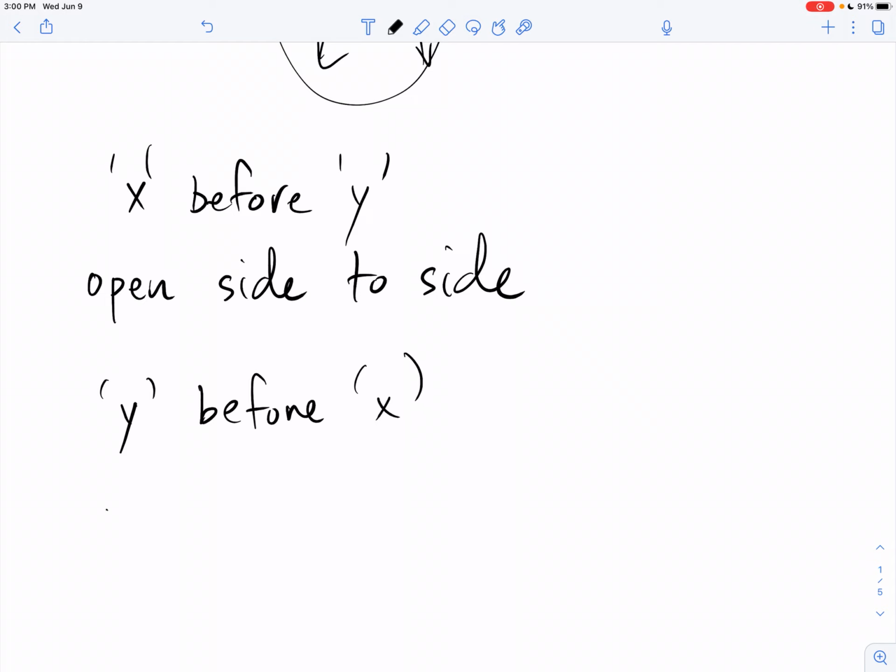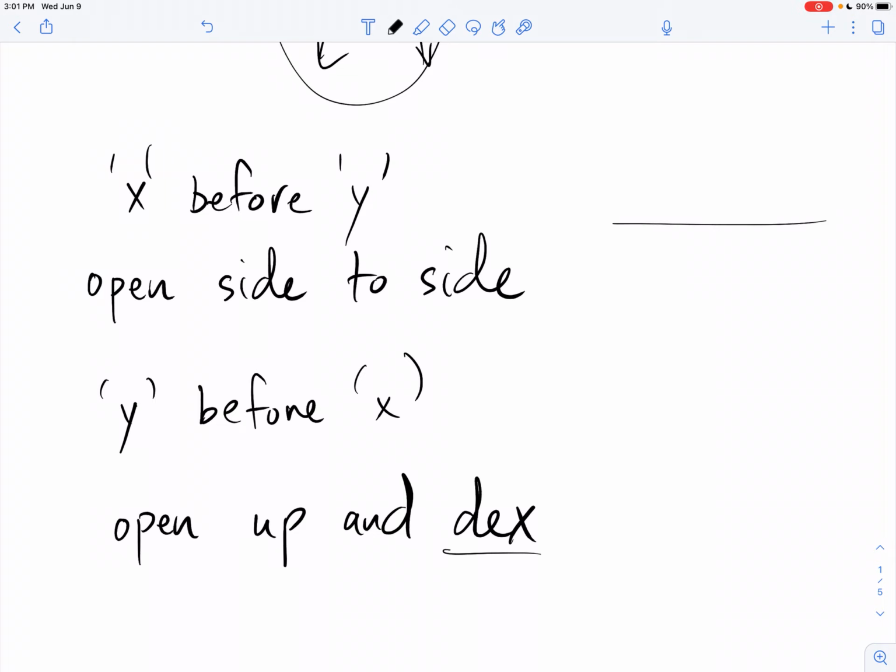Y before x, open up and dex. Now, the word down doesn't rhyme with x, and I like my rhymes to be fresh in a dope fly way. So I made up the word dex. So x before y, open side to side.